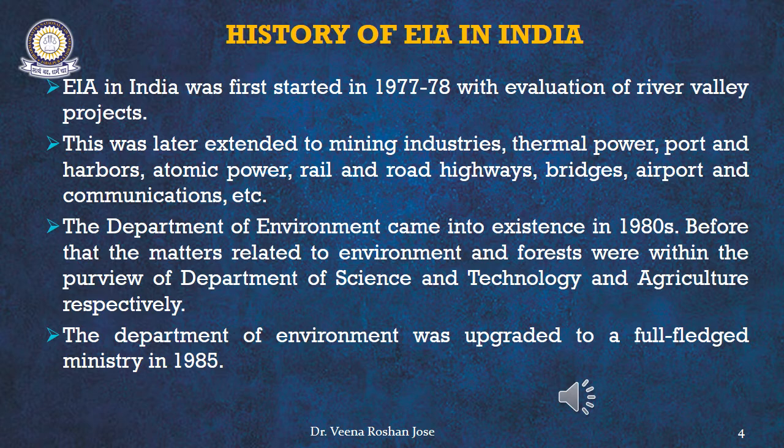And the Department of Environment was upgraded to a full-fledged ministry in the year 1985. So the Ministry of Environment and Forest was established in 1985, and before that everything related to environment and forest was taken care of by the Department of Science and Technology and Agriculture.